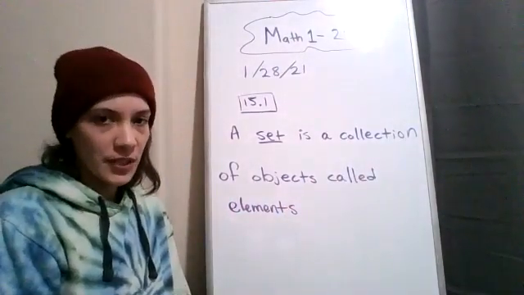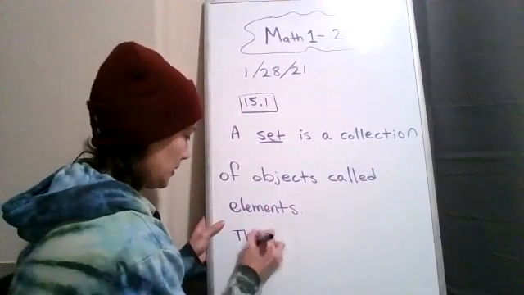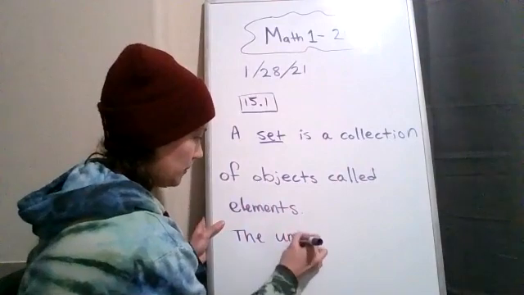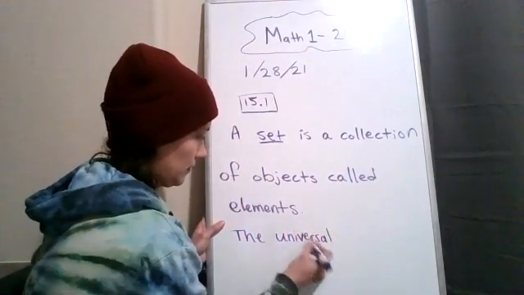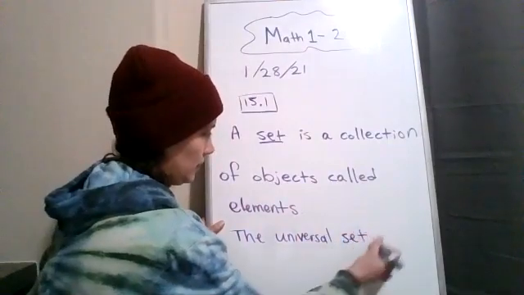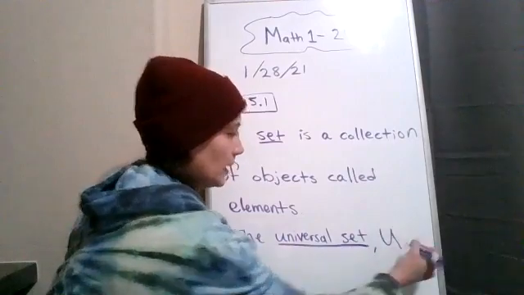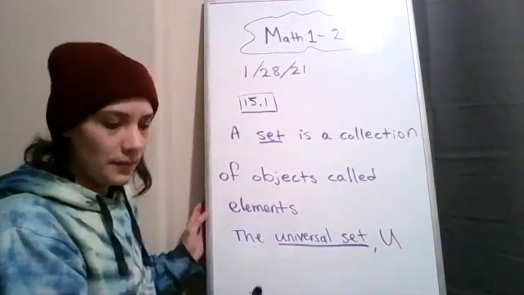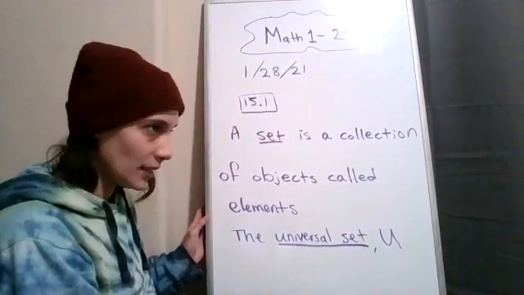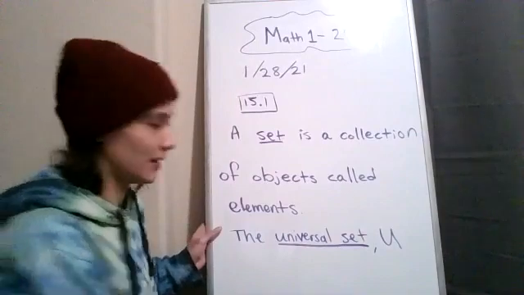The universal set is called U, capital U. It's the set of all elements under consideration.